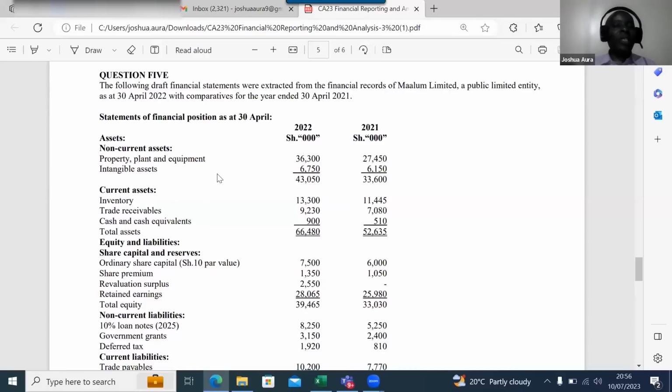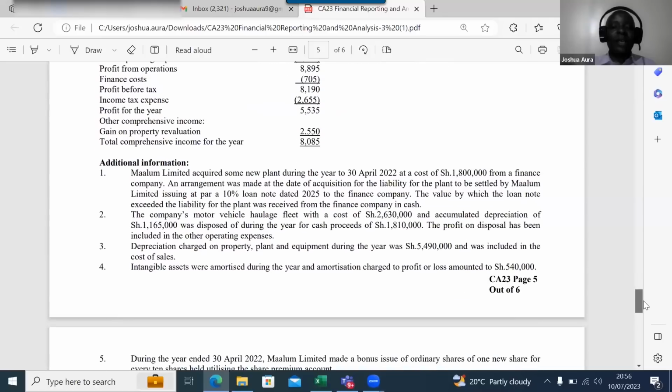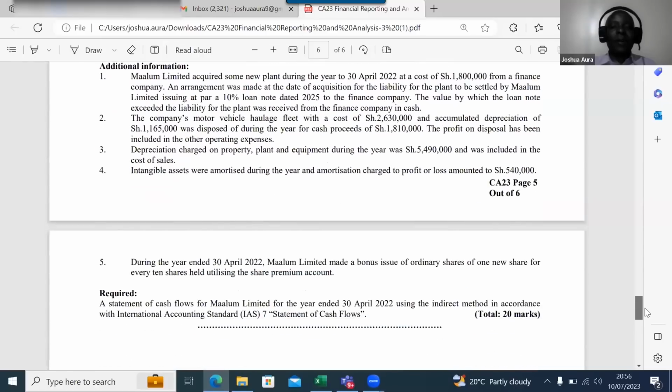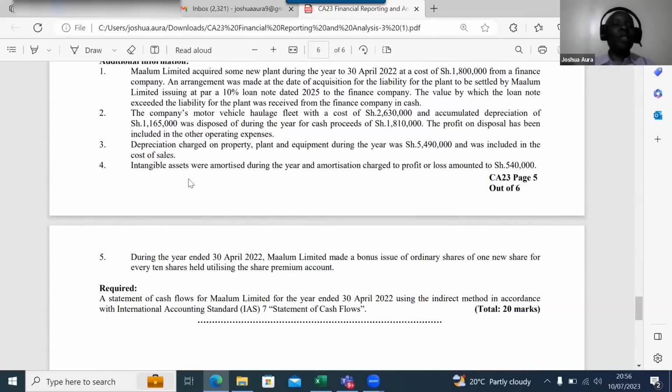On intangible assets, I began the year with 6150 and ended the year with 6750. So there's a change in the balance sheet. And in the income statement, I have the amortization, note number 4, of 540.